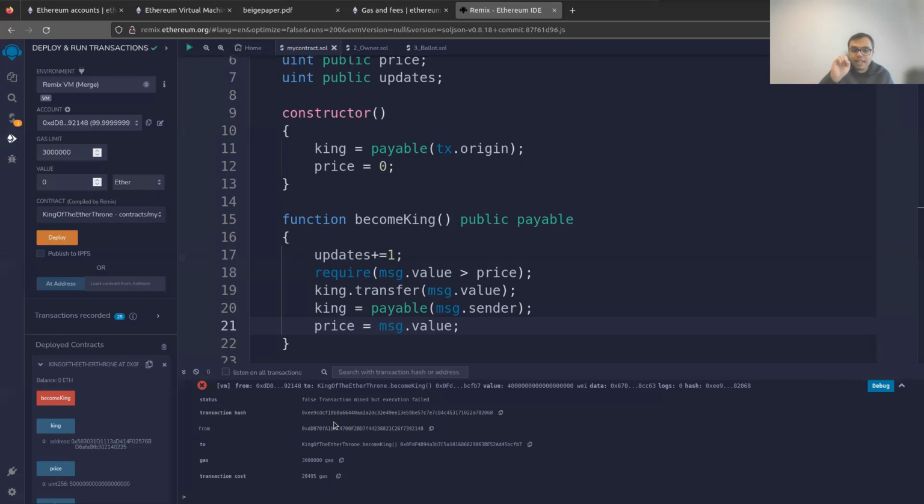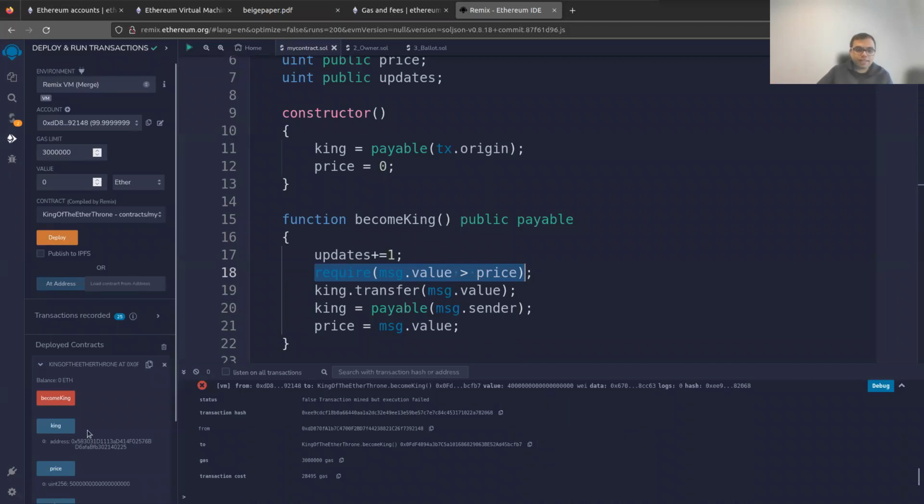But what happened in that execution is that, well, it first increased the number of updates, and then it got to this require. But when it got to this require, the condition was not satisfied. So the transaction got reverted, which means that any changes that this transaction made to the state of the vault, to all the variables in this contract, to all the balances before this require happened, will also be reverted.